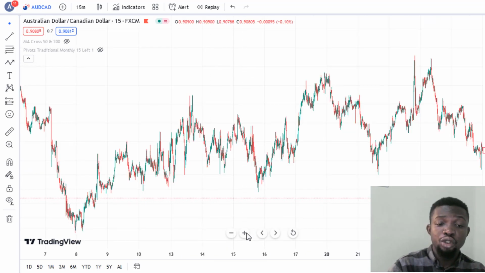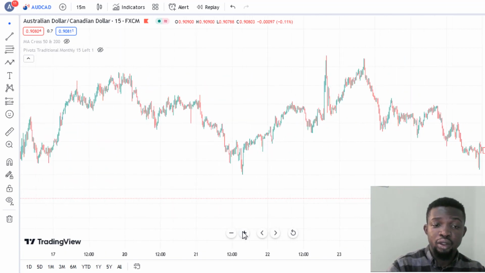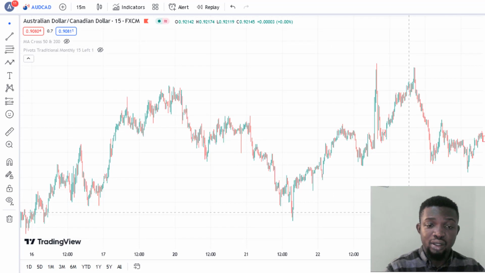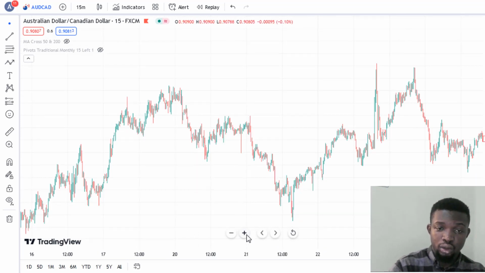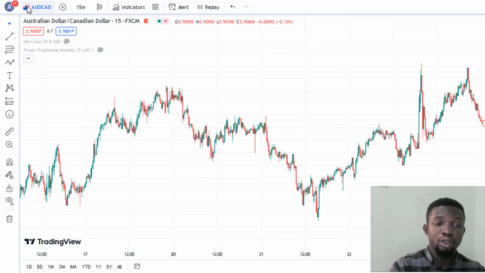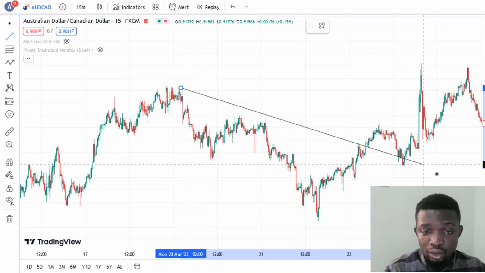Okay guys, so I'm going to use an AUD chart to show us how to trade a downtrend break and retest. Now I have this downtrend market here, so I'm going to draw my trend line to connect my lower highs together.